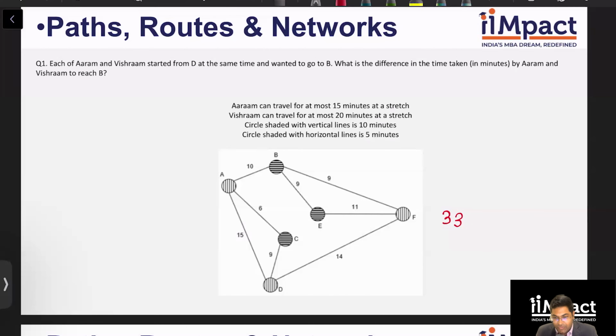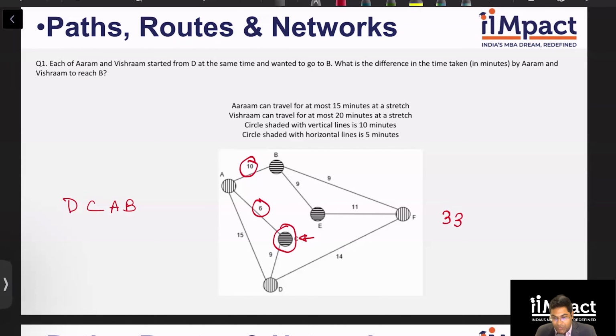So guys, if you look at this, if Vishram goes along DCAB, CAB falls in that middle category, the distance being more than 15 but less than 20. So Vishram has a choice of taking a stop at C, which is minimum for the break.